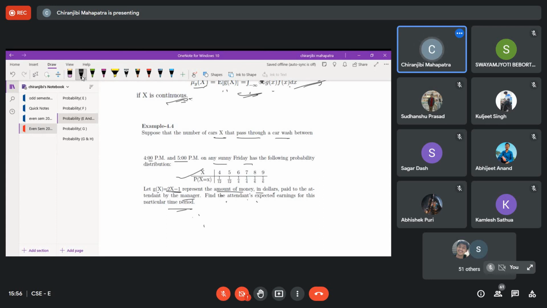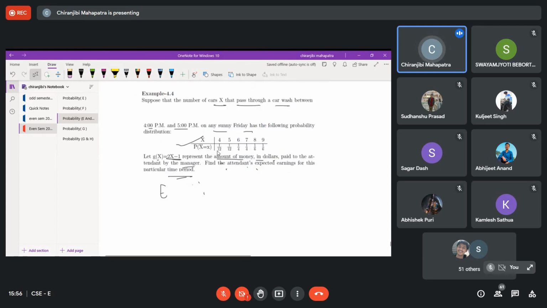Can you find it out? So here you have to find out the expectation of g of x. So the expectation of g of x is 2x minus 1. So what you can do is replace this x, since this is discrete, so this will be the summation over all x of 2x minus 1 into f of x.